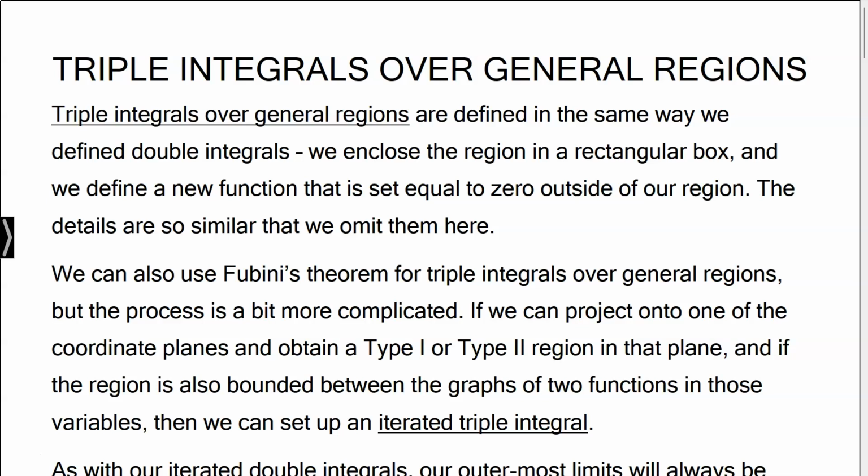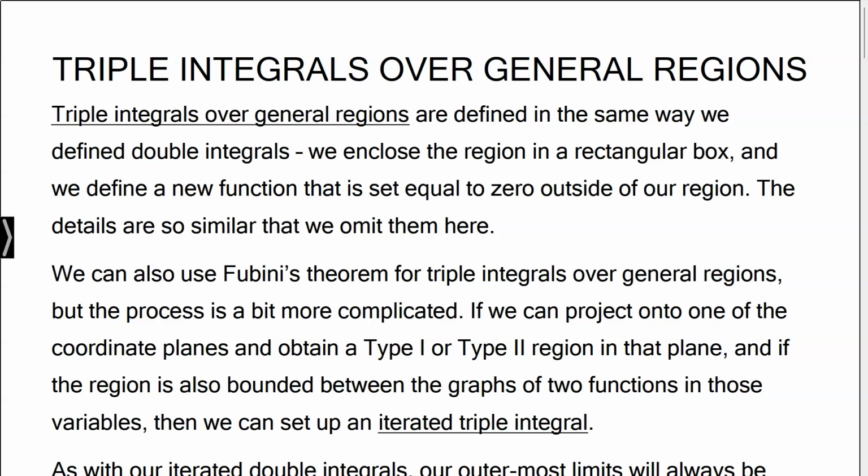So what we want to do is think of if we can project this region onto one of the coordinate planes, and if that region itself then can be written as a type 1 or type 2 region, then we can build our way up. So we can start with one variable, say, this first variable is going to range from, say, 0 to 2.